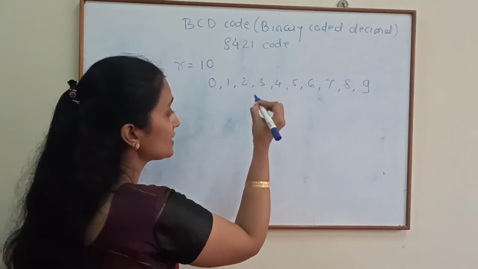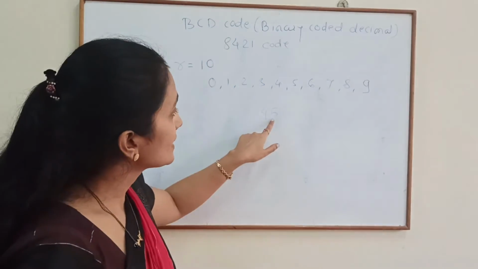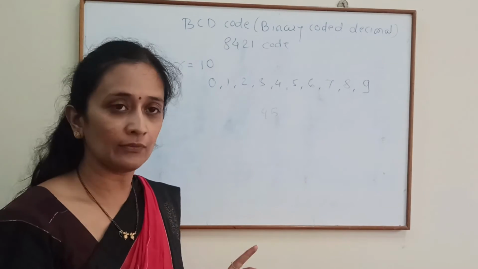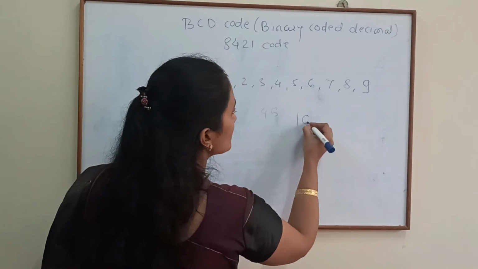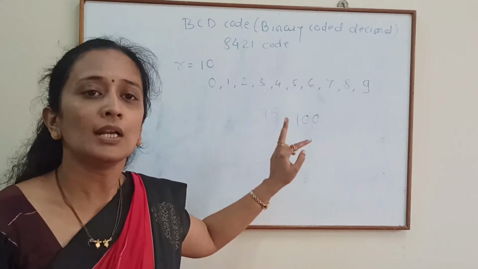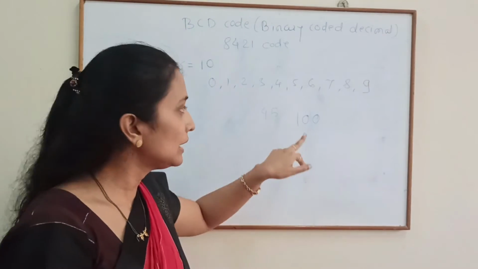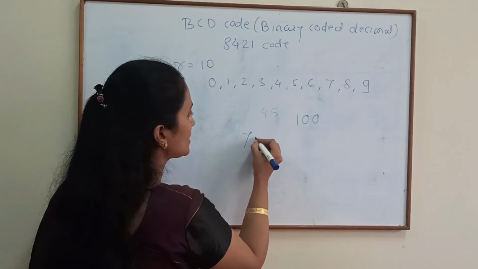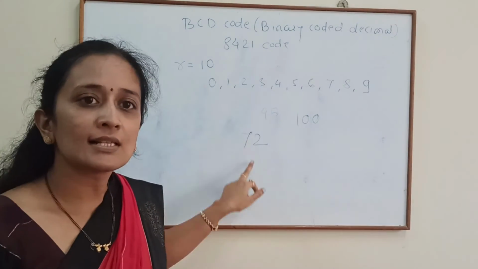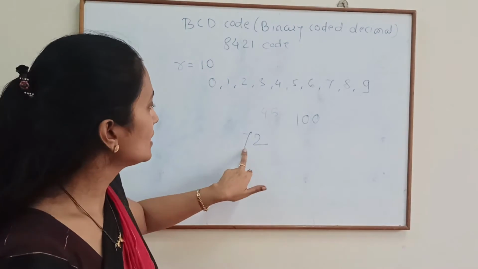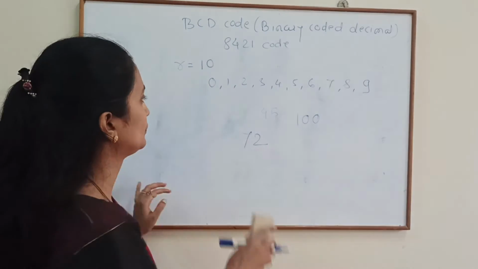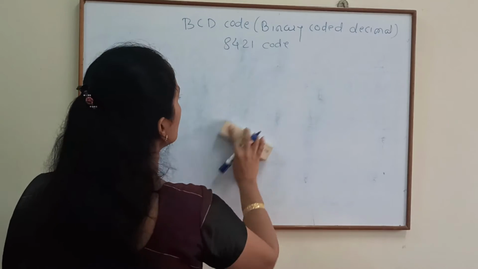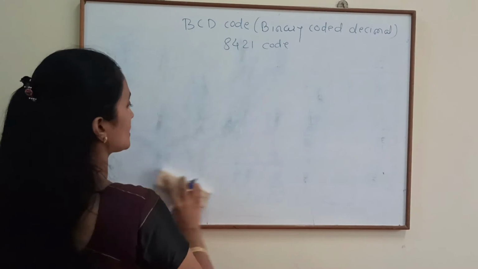Even 45 is decimal number, with decimal digits 4 and 5. 100 is also decimal number, with decimal digits 1, 0, 0. 72 is a decimal number, with decimal digits 7 and 2. This is decimal number system.